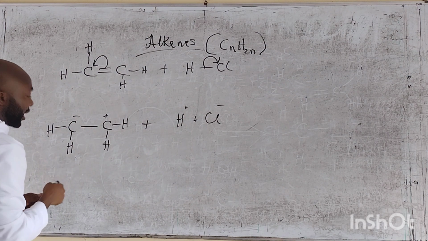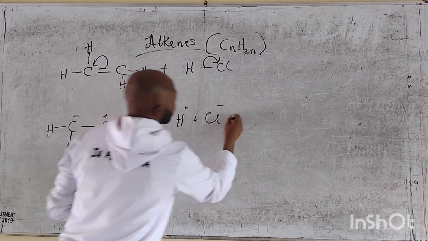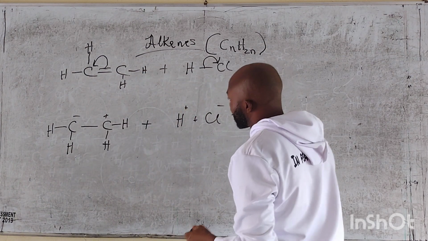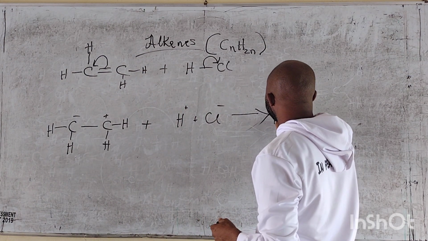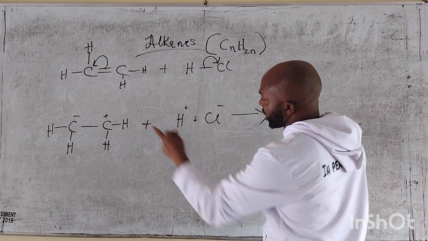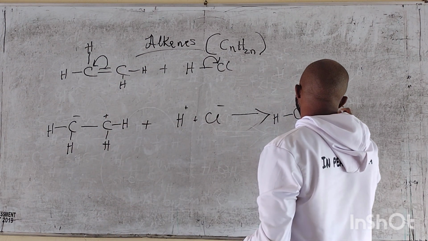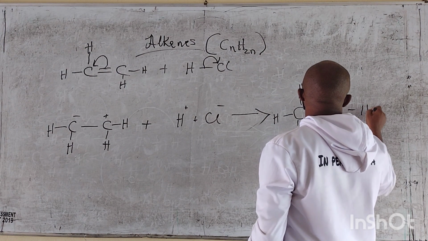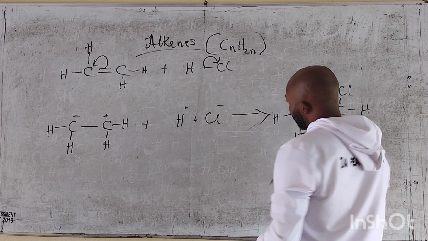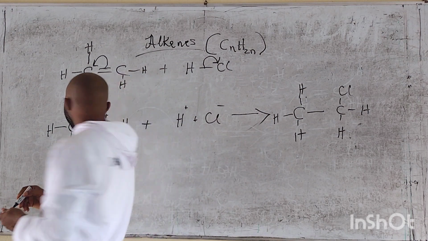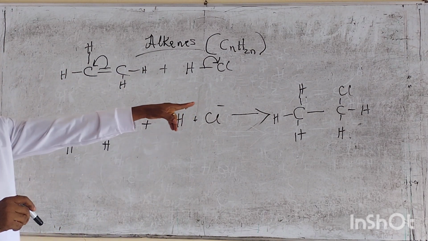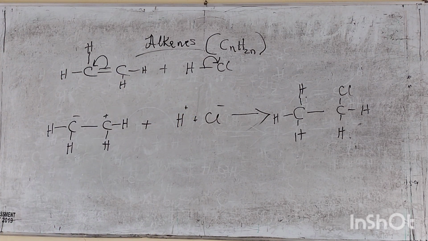So if I know that, I can easily proceed by showing that this is my hydrogen, negative, positive is going there, hydrogen will be here. And I have hydrogen, and chlorine will be here. So that is chloroethane in that case.